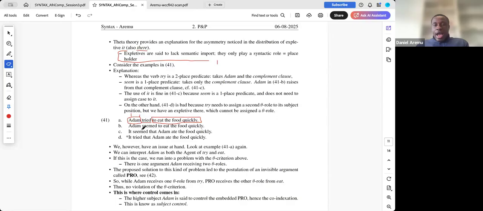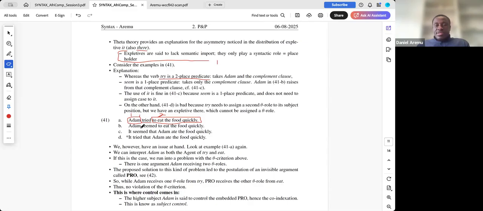Adam tried to eat the food quickly, basically. So this is the first argument, and this is the second argument, which means that an argument can also be a non-finite clause. So Adam tried to eat quickly. So try is a two-place predicate, and you take those two arguments.